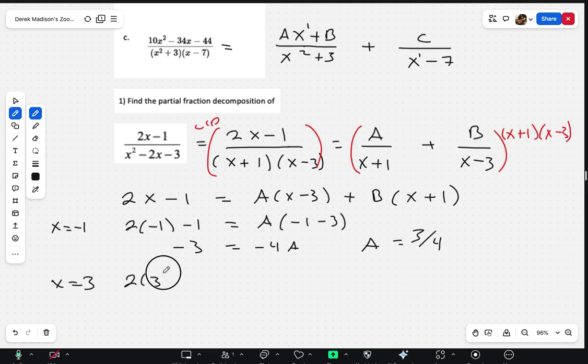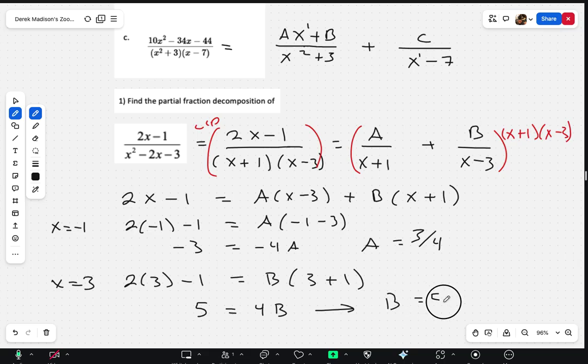So 2 times 3 minus 1 would equal, this piece would drop out because 3 minus 3 would be 0. So b, and then 3 plus 1. So 6 minus 1 would be 5, equals 4b, and we divide that over, and we get b equals 5/4.